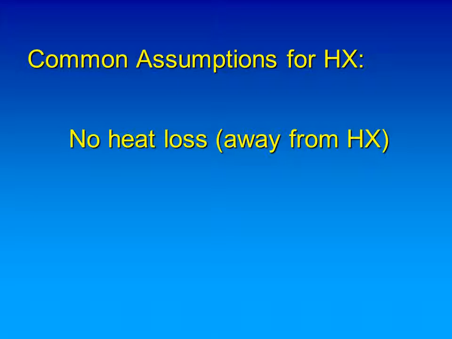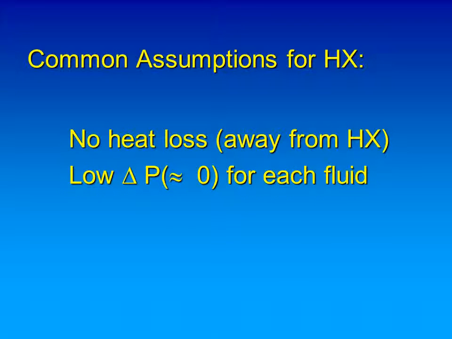All right, common assumptions for heat exchangers. No heat loss. We're assuming that all the heat that goes from the hot fluid goes into the cold fluid. That's not always true. You have to be careful. In the real world, you may find a heat exchanger that loses heat to the surroundings as well as to the other fluid, or to the cooler fluid. And we're also assuming, as I alluded to earlier, that there's a low delta P. We're going to neglect it. Assume it's approximately 0 for each fluid unless you have other information.